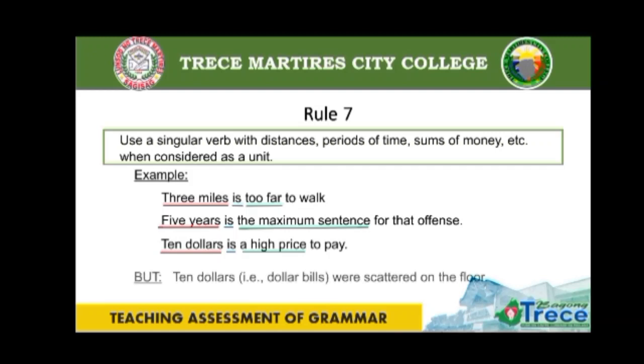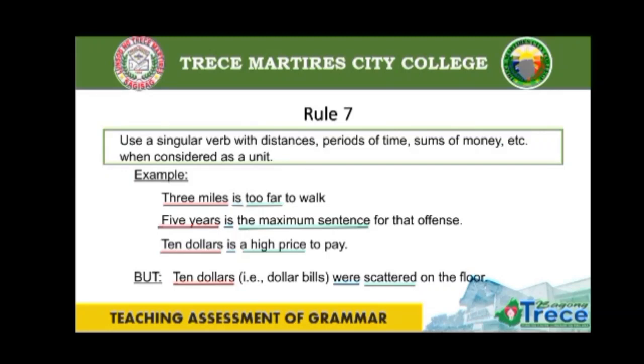Unlike in this example: $10, which is dollar bills, were scattered on the floor. $10 is a plural, and we're going to use a plural verb since it is not considered as a unit, since it is describing that the $10 were scattered on the floor.